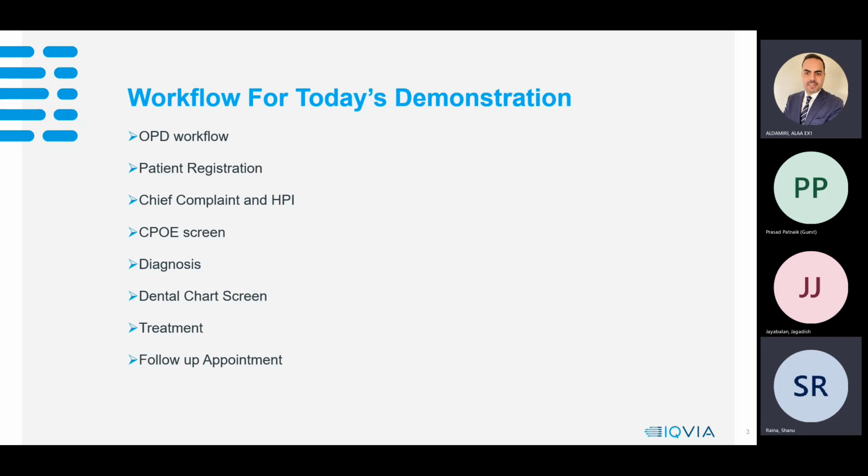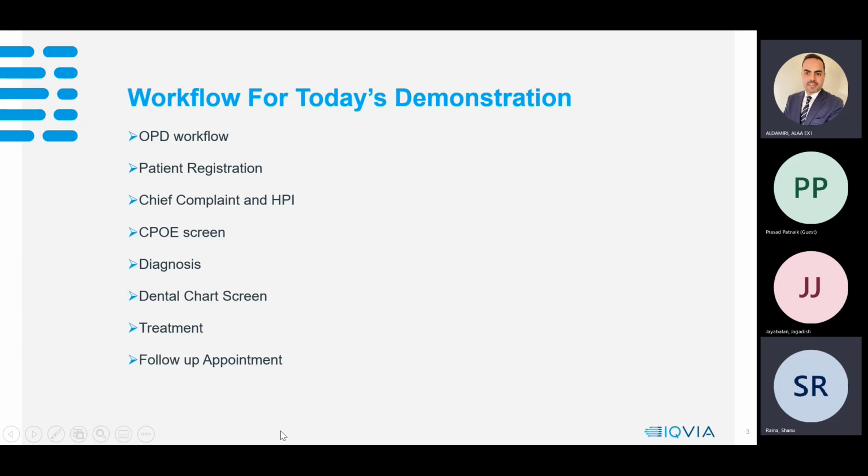So this is the workflow for today's demonstration, the OPD workflow, wherein we'll go through the patient registration, then chief complaint and HPI recording, then the CPO screen, which is nothing but the order screen, wherein we can place the orders for the various investigations, lab and radiological investigations, and placing the pharmacy orders. Then we are recording the diagnosis, wherein we'll record the provisional and the final diagnosis.